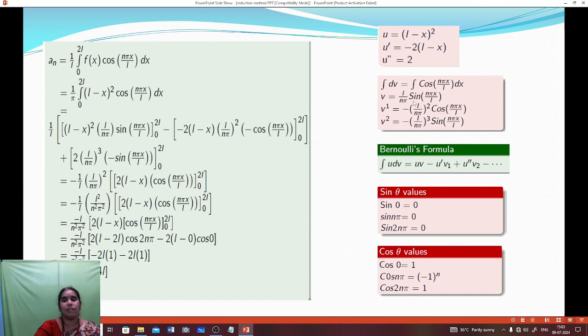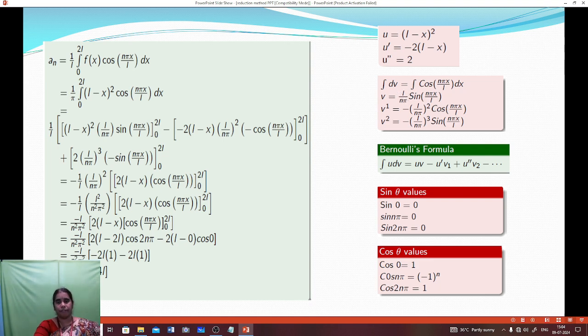So here m is nothing but n pi by L. So sin(n pi x by L) divided by n pi by L. The denominator again having a fraction, so in order to bring it as a single fraction, we just take the denominator into the numerator by interchanging. So we just get L by n pi into sin(n pi x by L).